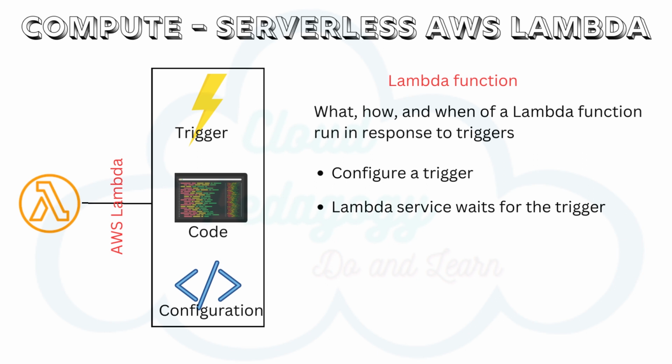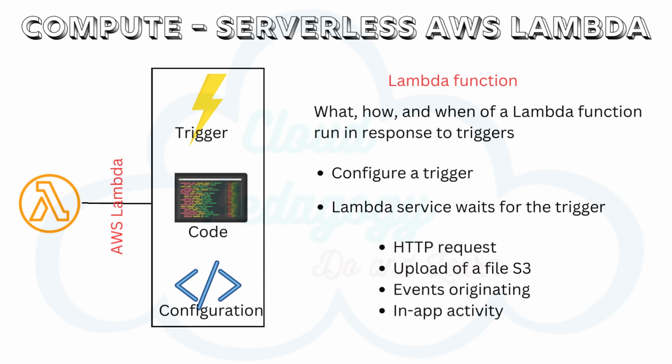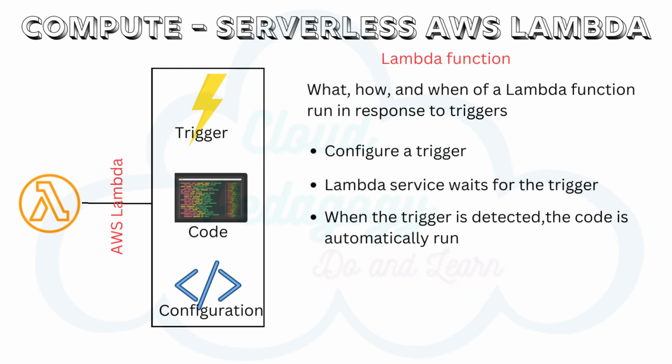I won't run through all of them right now. However, a couple of common examples of triggers for Lambda functions are an HTTP request, an upload of a file to the storage service, Amazon S3, events originating from other AWS services, or even in-app activity from mobile devices.